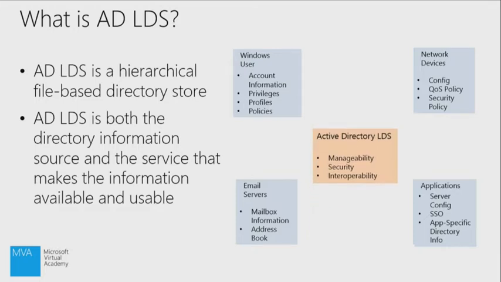I can use Active Directory Lightweight Directory Services to store, replicate, and access information, the same information that I could track in Active Directory Domain Services: names, locations, application information specific to that application. I can use ADLDS to access and use that information.